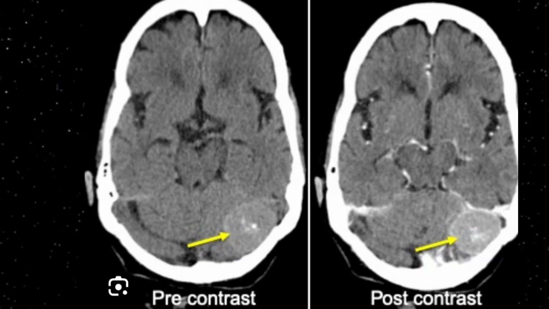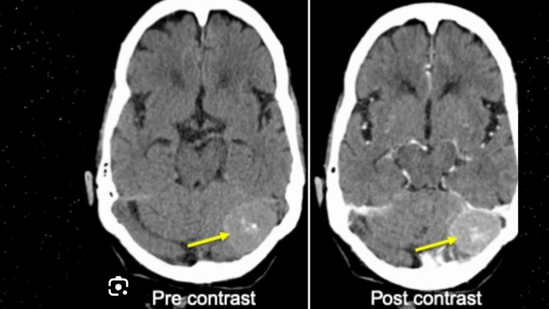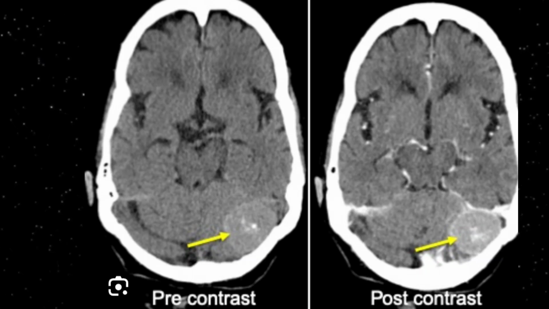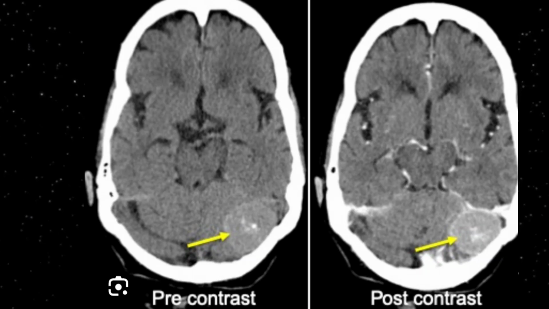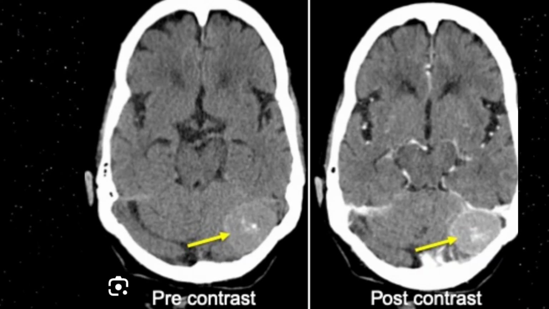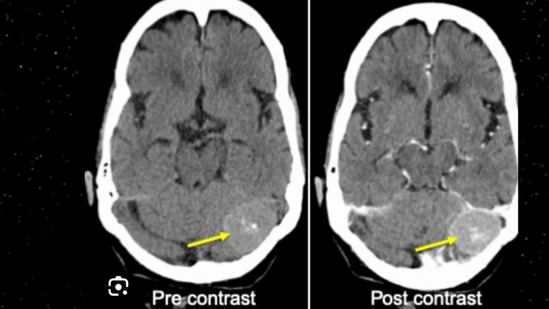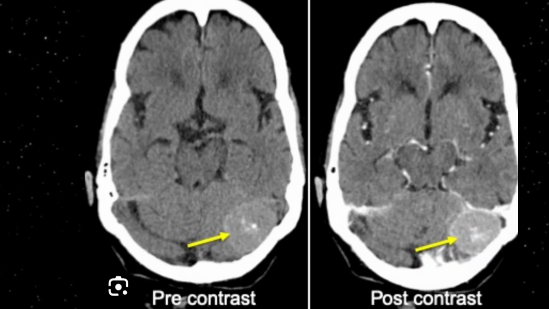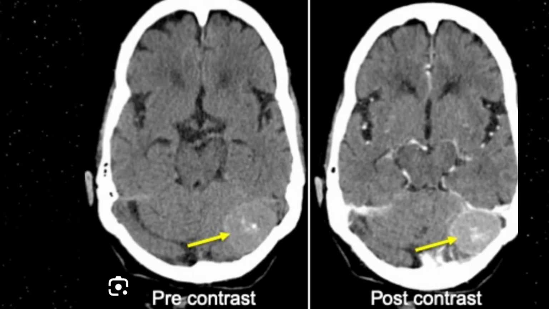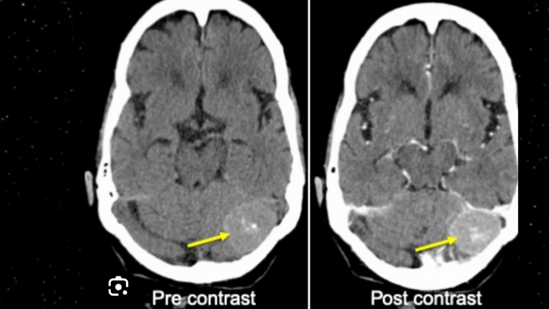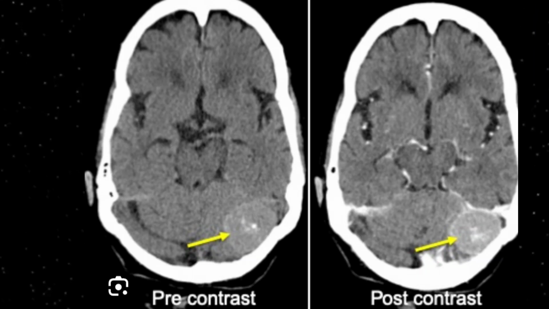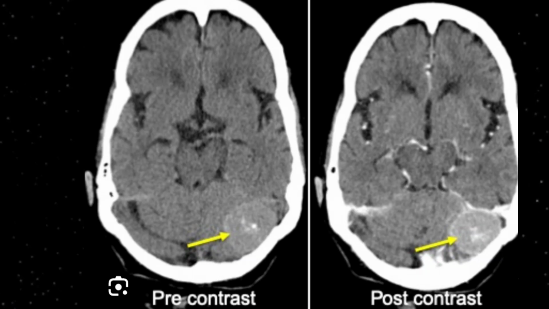The above slide shows a common spherical, well circumscribed lesion, that is meningioma. Meningioma is either flat or round, which you can appreciate on this image. This image shows a hyperdense mass with calcification as well.